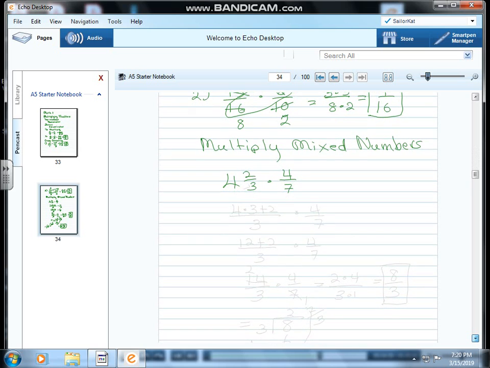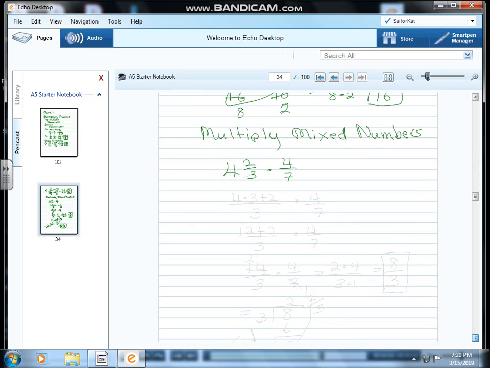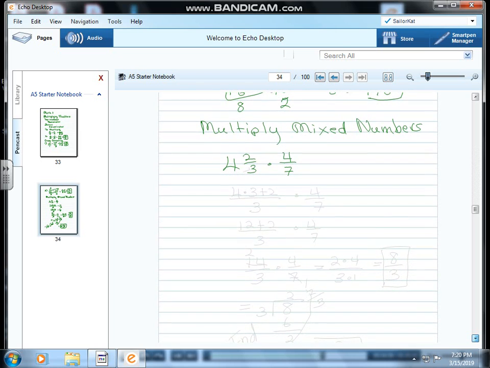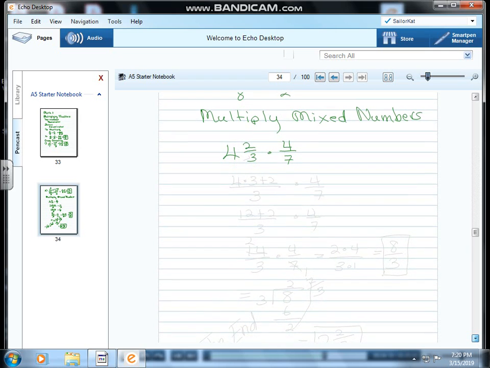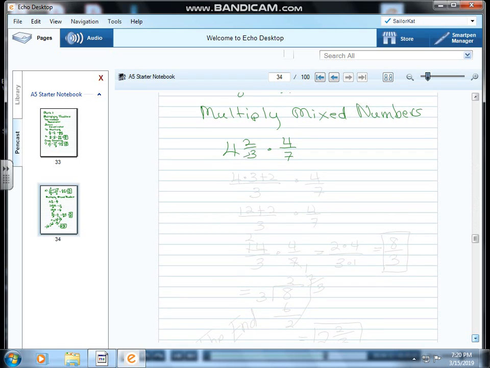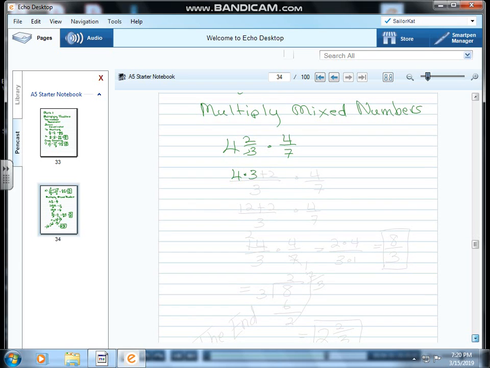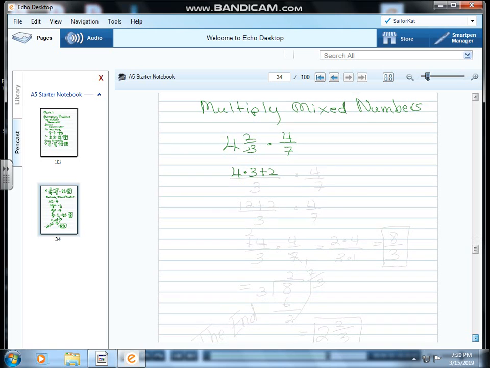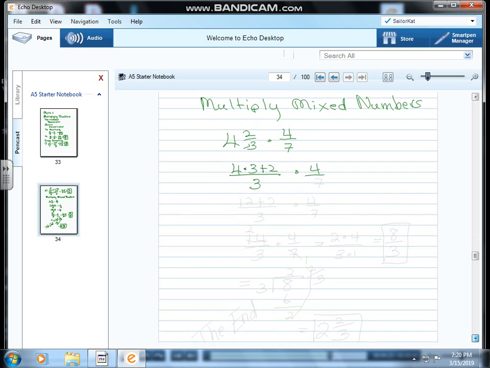The big mistake that a lot of people make is they think they can just go ahead and multiply it the way it is. You cannot. You need to make it an improper fraction. So what you do is you take 4 times 3 and you add the 2. That's over 3 times 4/7.